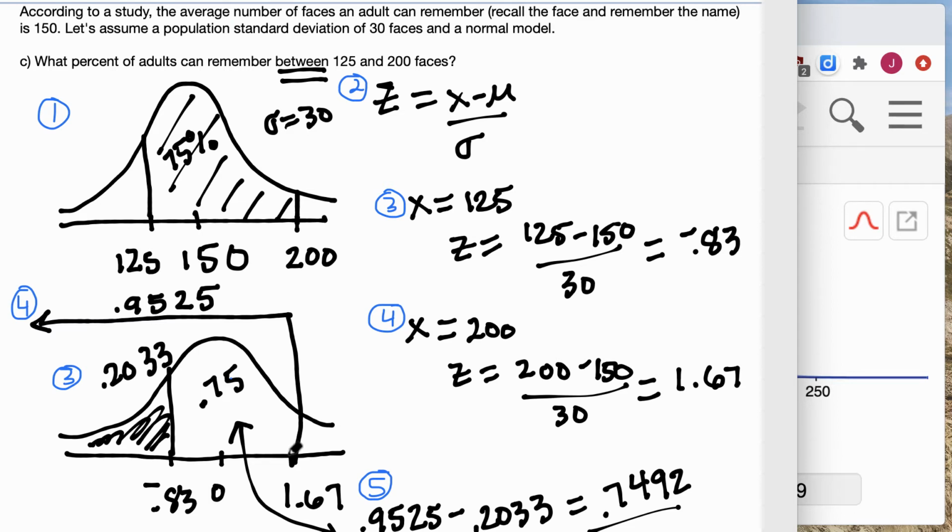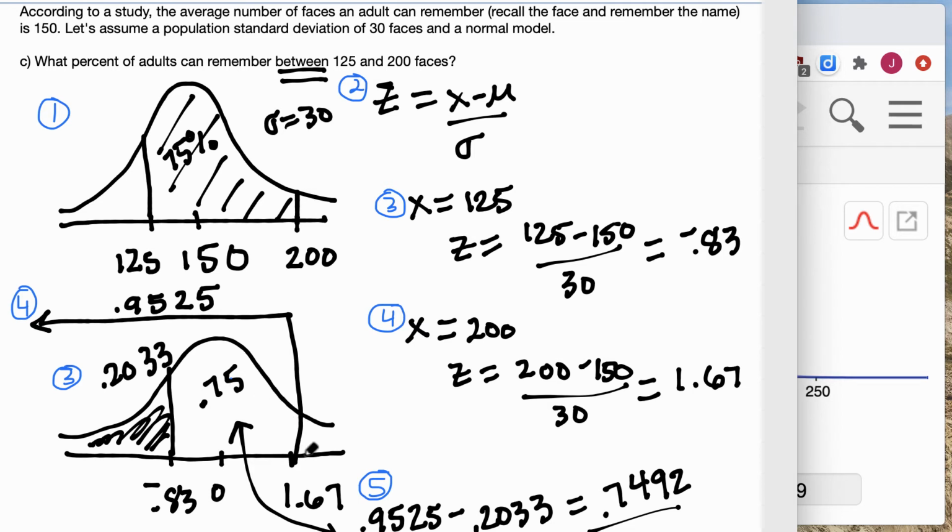The way you have to work this by hand instead of on GeoGebra is you need to find two areas under the curve, subtract them, and then the answer is what's left in the middle. So finding the area to the left of negative 0.83, it's the area in the tail. It's actually not directly the answer that we need, but we know the area in that chunk.